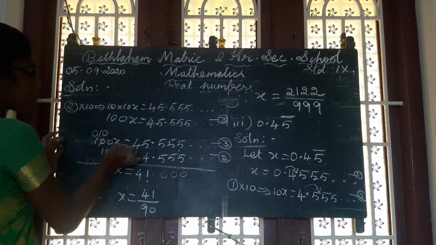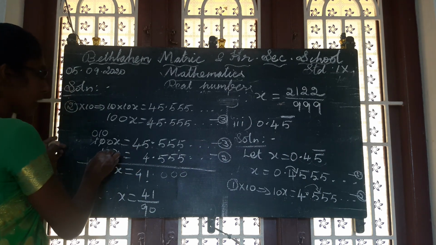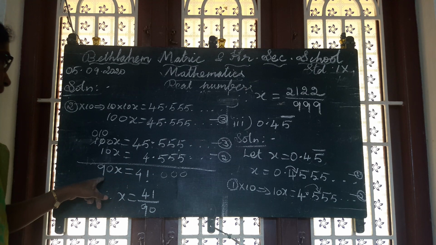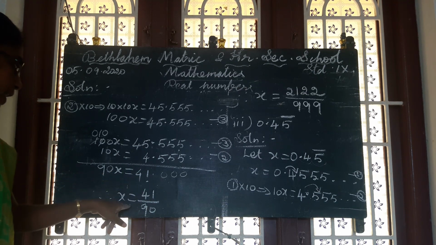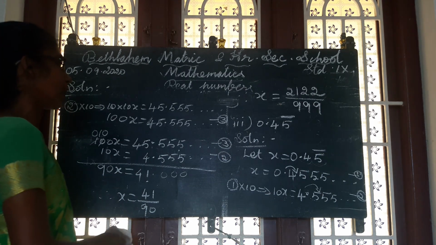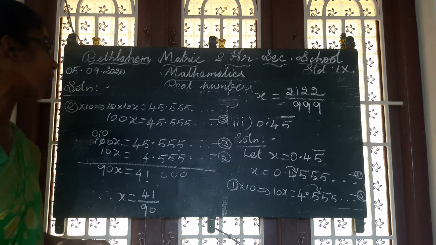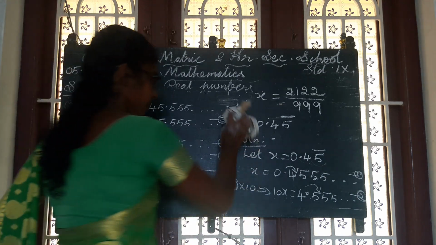That is 100x is equal to 45.555, etc., minus 10x is equal to 4.555, etc. So, when we are subtracting, 90x is equal to 41, getting x is equal to 41 by 90. This is the rational form of 0.45 bar.